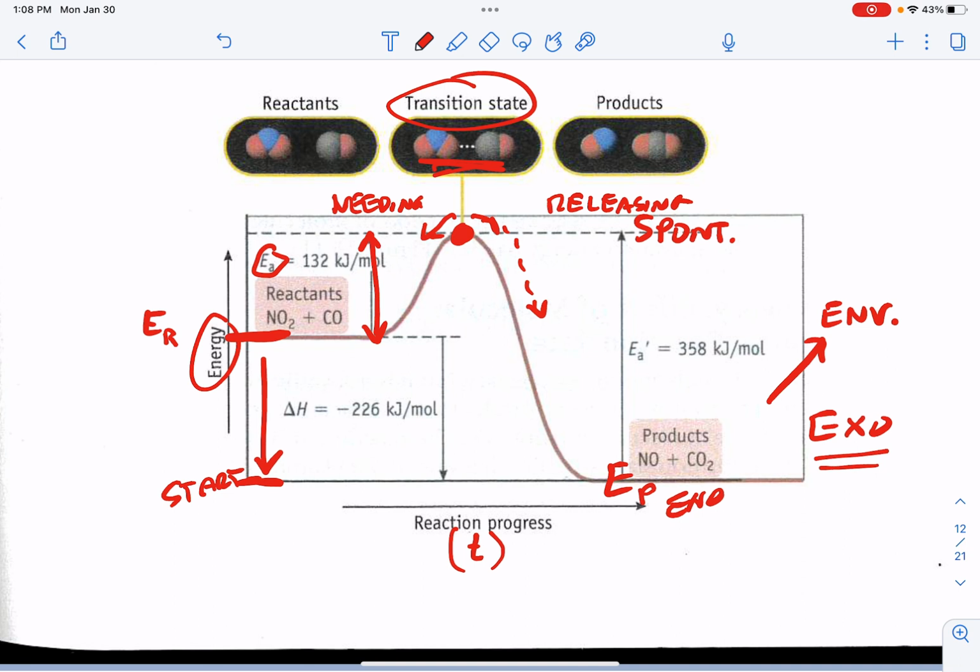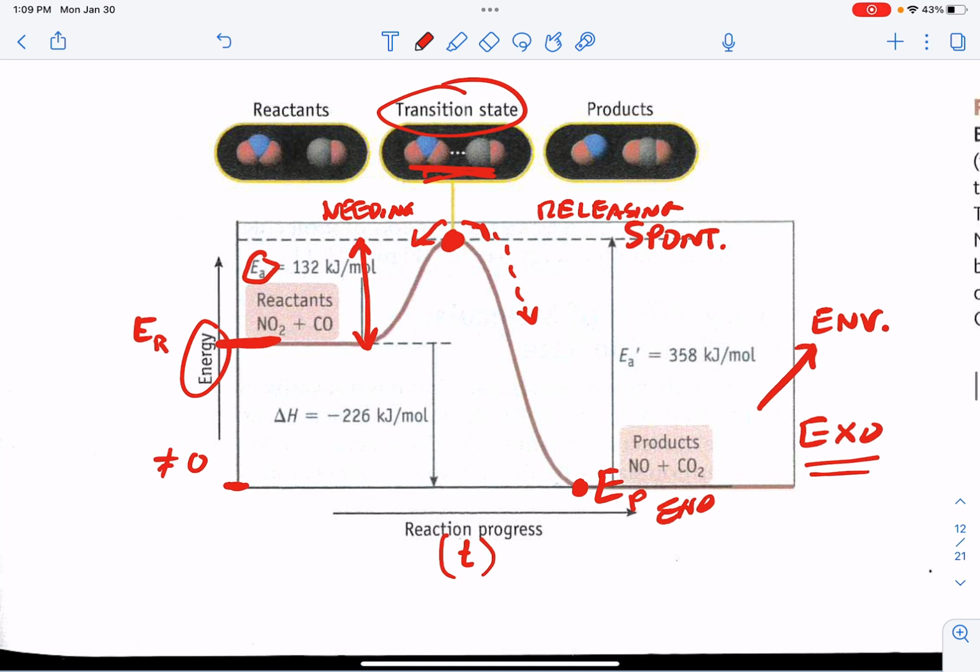And I'll say one other thing about this graph that I don't like, and that is it makes it seem like the energy of your products is zero. And so, just to be clear, this value right here, as far as the y-axis is concerned, is not zero because it's impossible for these particles to have zero energy, the particles of the products.